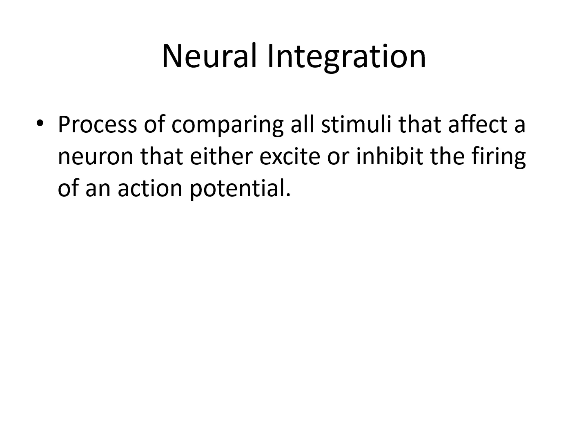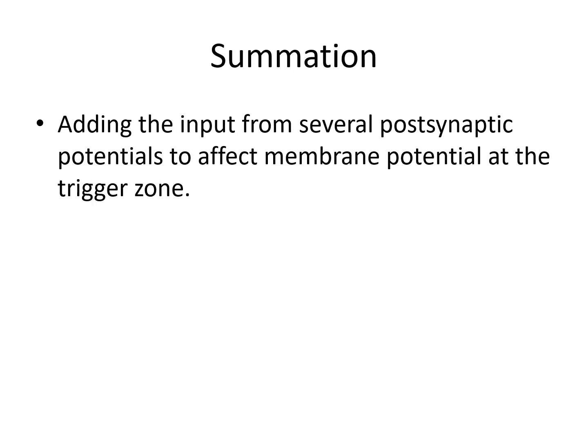Neural integration is a process of comparing all stimuli that affect a neuron that either excite or inhibit the firing of an action potential. Remember, in the neuromuscular junction, we only had that one nerve and that one muscle fiber, so it's pretty simple there. Well, what's the neuron to do if it's being bombarded with information from 1,000 different presynaptic neurons? And if they're all different, what should it decide to do? Well, that's what neural integration is, and that's why it's so complicated.